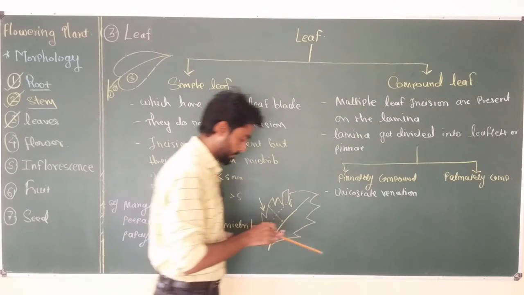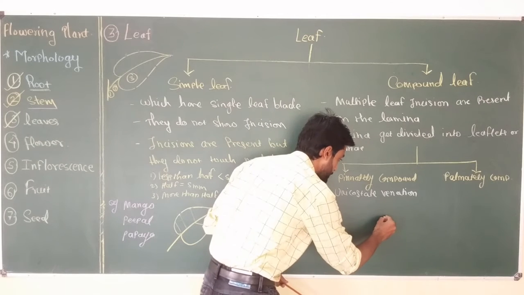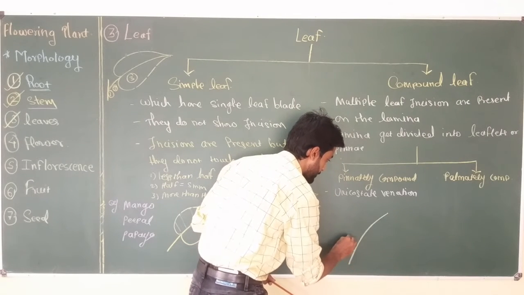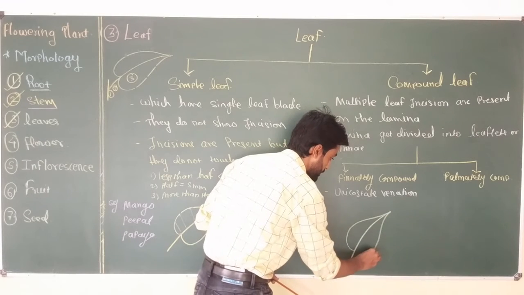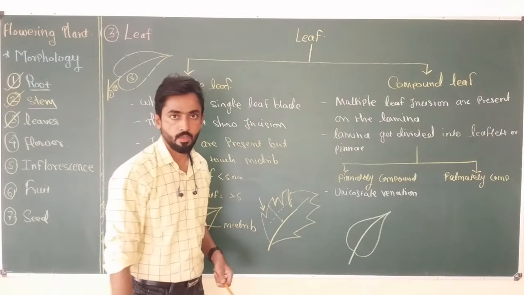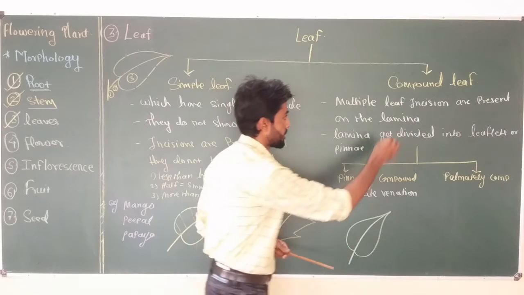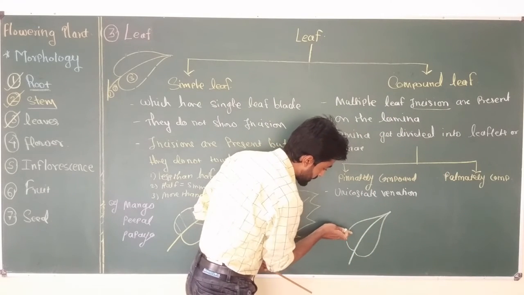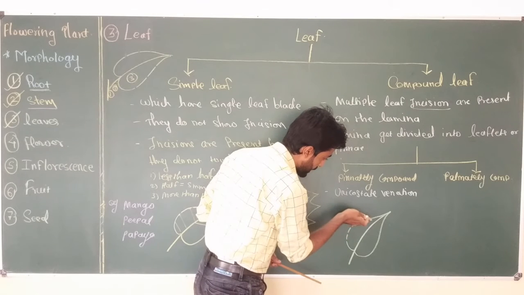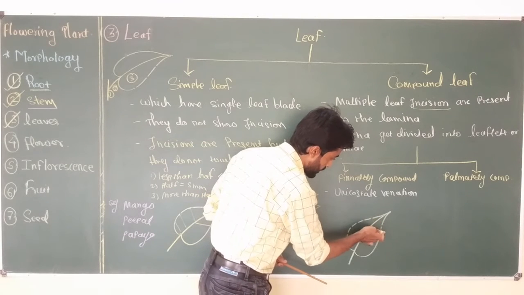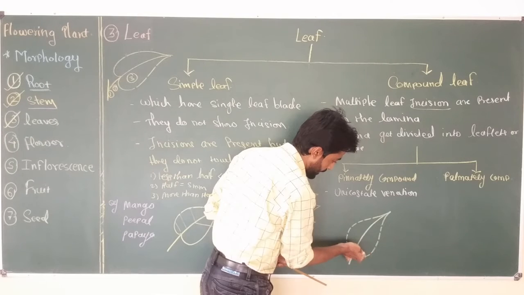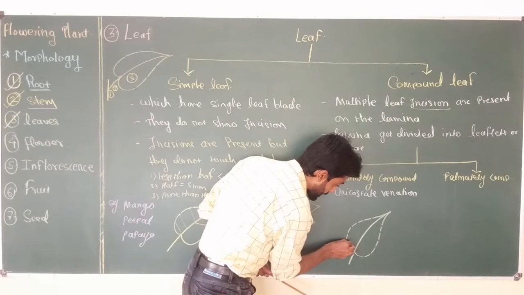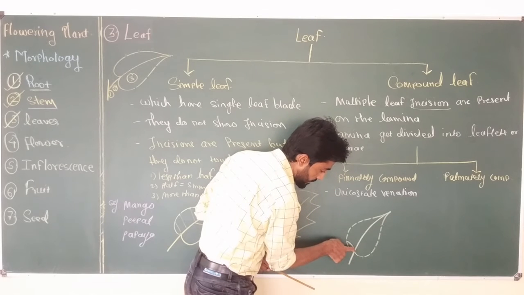Suppose this is the leaf, and the leaf is showing a single midrib, but due to the incision or cut, here you can see a number of cuts present on the leaf blade, and these cuts are nothing but the incision, and this cut can go up to the midrib.